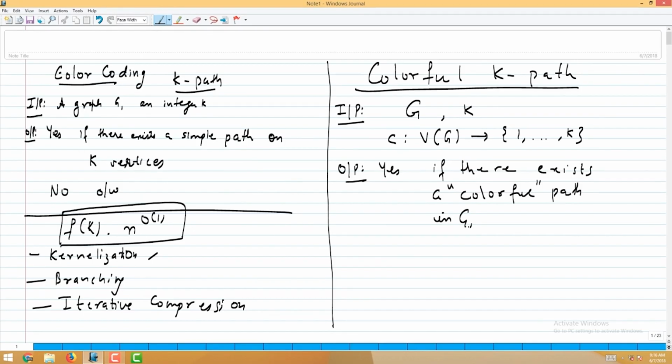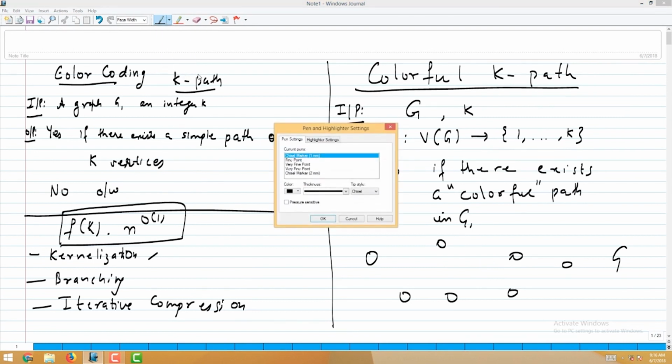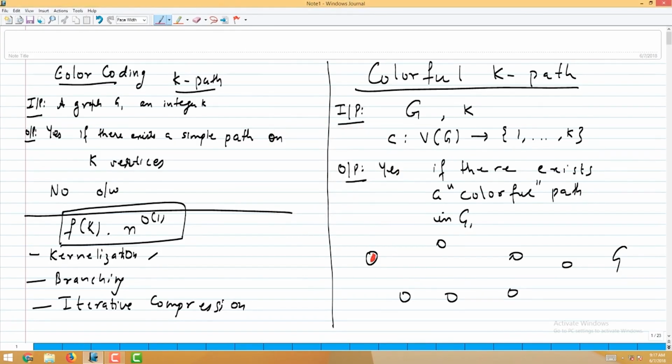Okay, so let's see an example. Let's say this was the graph G, and let's say the vertices of the graph were colored with 3 colors. Suppose k was 3. So let's say this vertex was colored red.